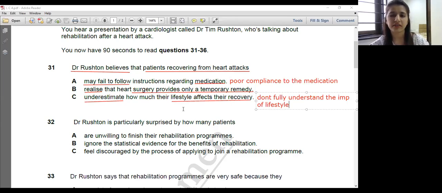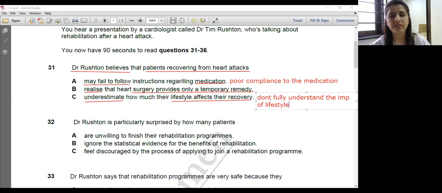Definitely the effect of lifestyle would be there on the recovery, but they don't really understand how much it could be. They don't understand the extent to which their lifestyle can affect them. So once you have analyzed the 3 answer choices, what you do is you see the differences in it.